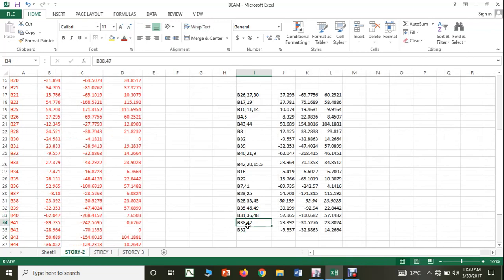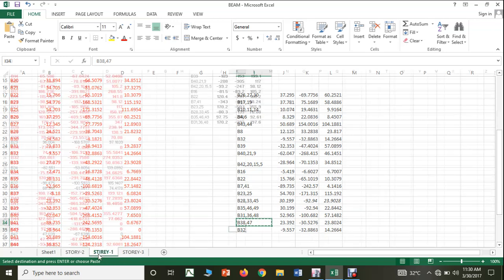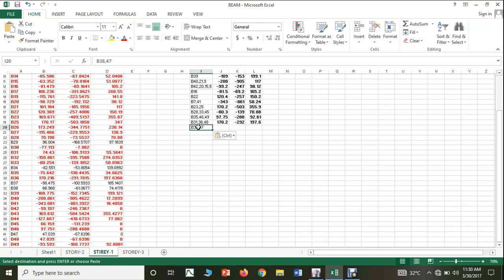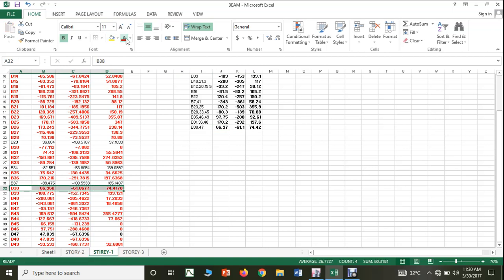So then next will be 38 and 47. So you have 38 here, and 47 here. So out of these two, definitely these three values have to be chosen. Okay, yes, so definitely there will be an additional beam here. I'll just explain from where it came.